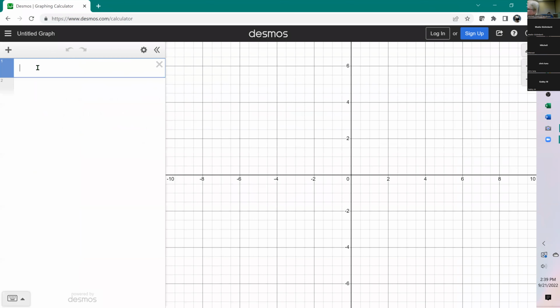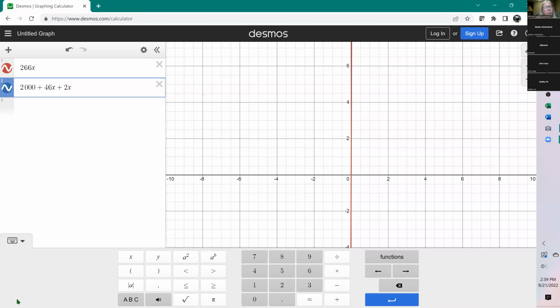If we look at those two equations, the revenue was 266 and the other was 2000 plus 46x and 2x squared.